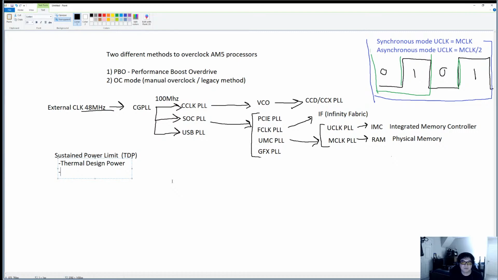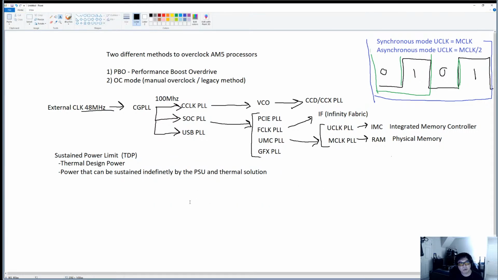This is the power that can be sustained indefinitely by the power supply, the PSU, and the thermal solution, so the cooling effectively. That is the main way they're deriving their sustained power limit.